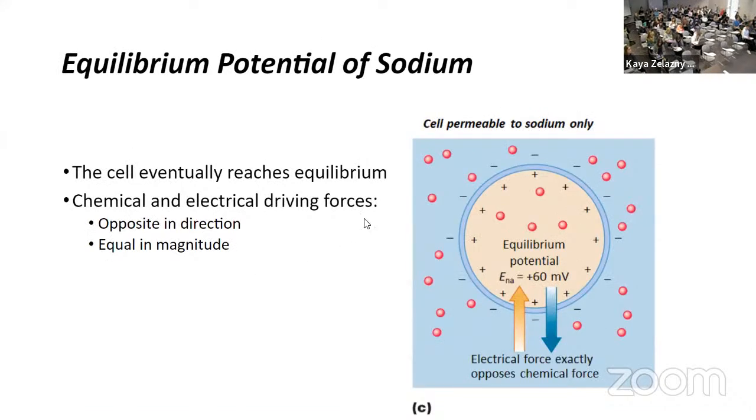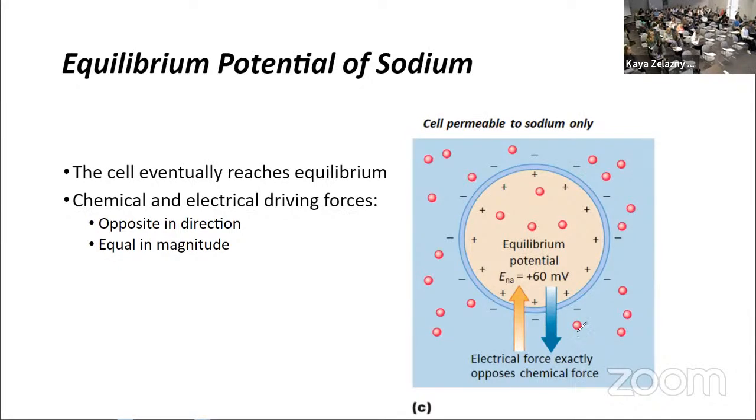Until we reach equilibrium, at which point the two forces are equal and in opposition. So what has happened is that the inside of the cell has gotten so positive, at positive 60, that that's a big enough push on those sodium ions, telling them to leave the cell, that even though we still have a chemical gradient, this electrical force is equal and in the opposite direction to the chemical force.